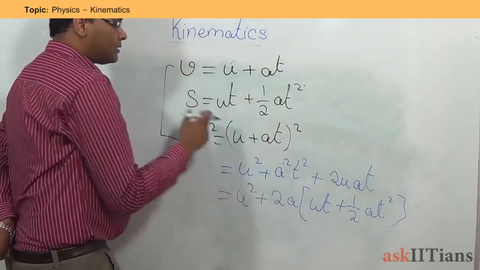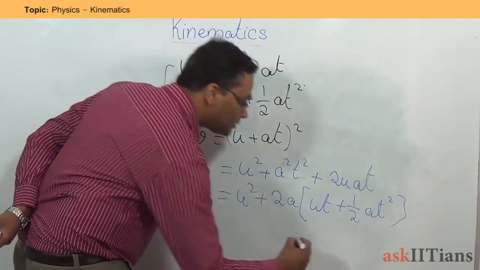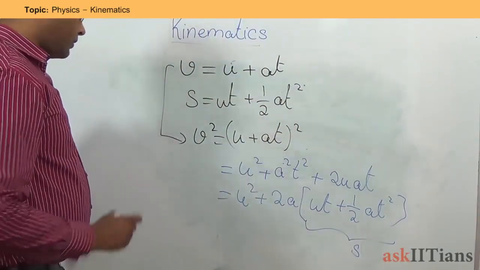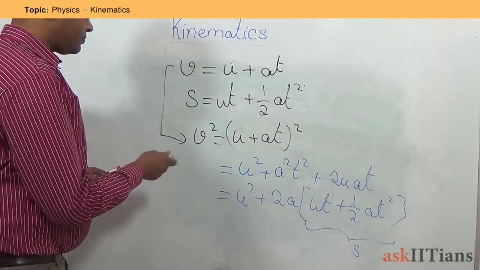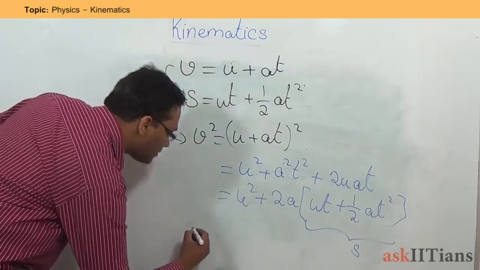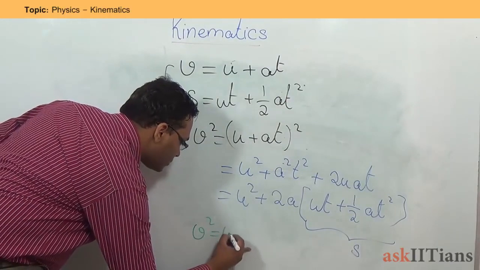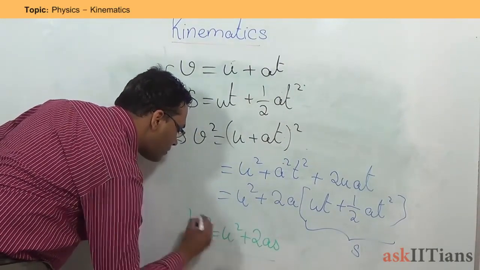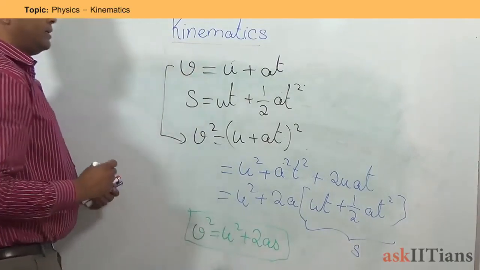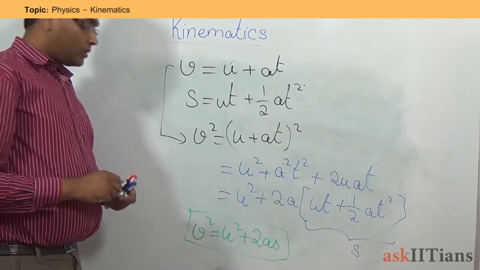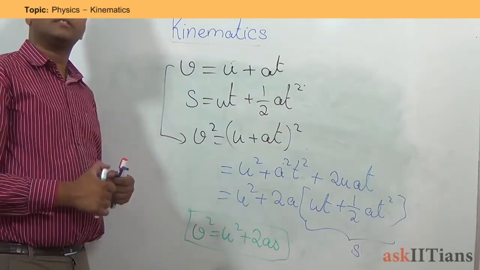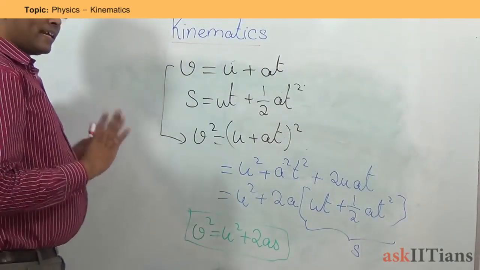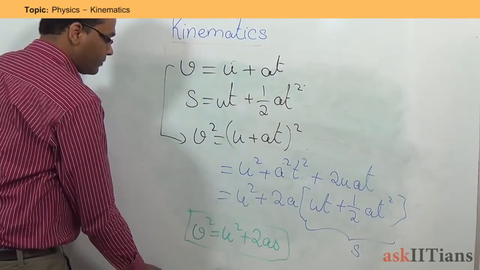But hey, this is nothing but the displacement, so this is s. So what we get as a result is v square equals u square plus 2as. So this is our third equation that we have. Fine? Hopefully it makes sense to this particular point.